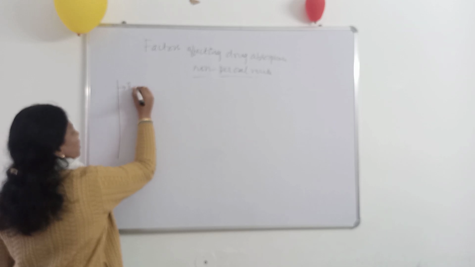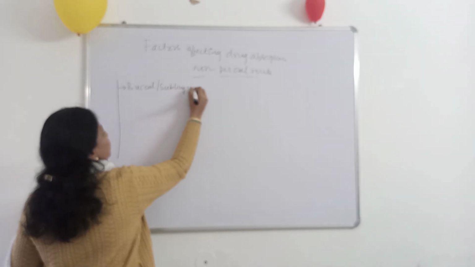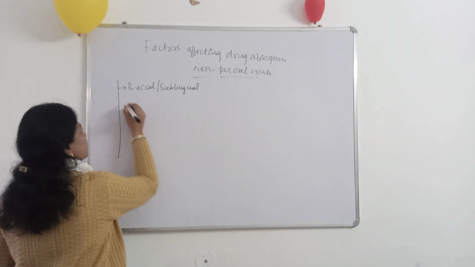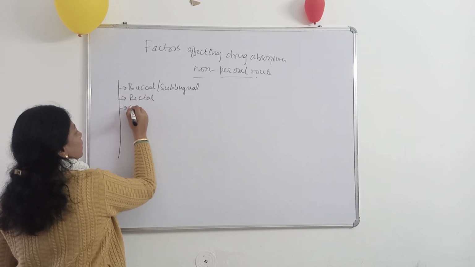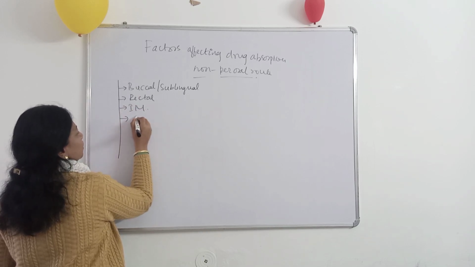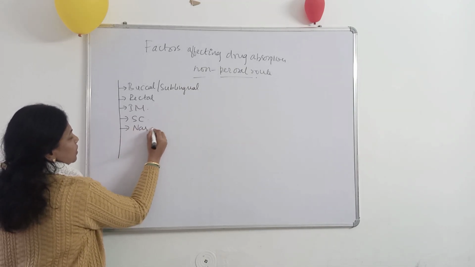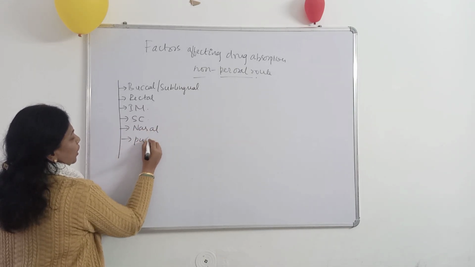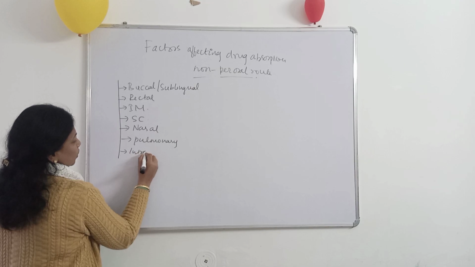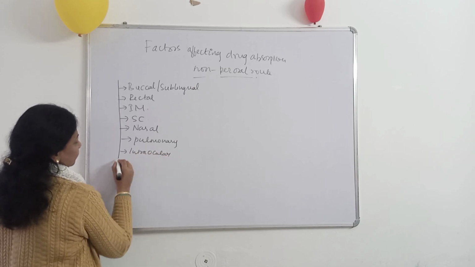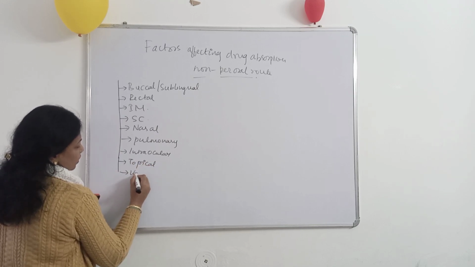Some of the routes are buccal and sublingual route, which use the oral cavity for drug administration. Then we have rectal route, intramuscular route, subcutaneous route, nasal route, pulmonary route, intraocular route, topical route, vaginal route.